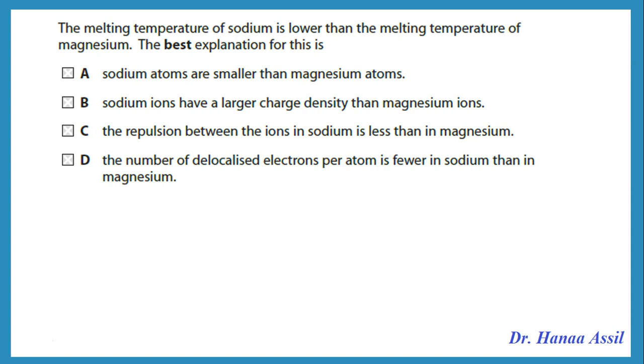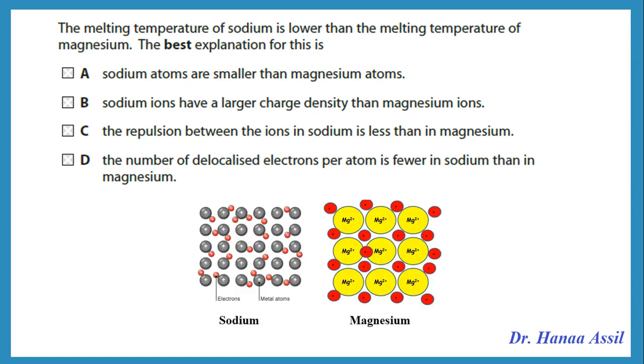What is the best explanation for this? Remember, when we talk about sodium, magnesium, aluminium, we said the melting temperature increases as the number of delocalized electrons per atom increases.